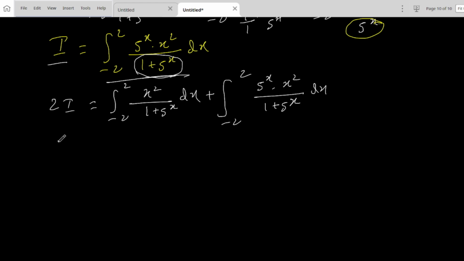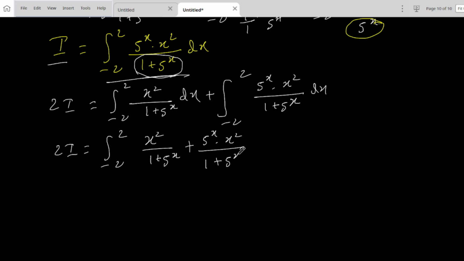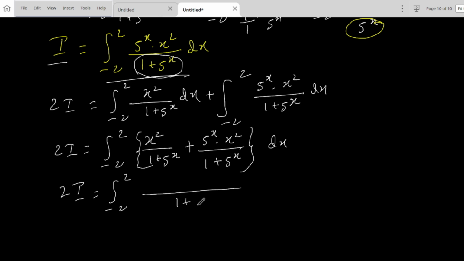Using the property of integration, we get 2I is equal to minus 2 to 2 x square by 1 plus 5 to the power x plus 5 to the power x into x square by 1 plus 5 to the power x, and whole integration. Since the denominator is equal, we are going to take LCM, and the LCM will be the same denominator.